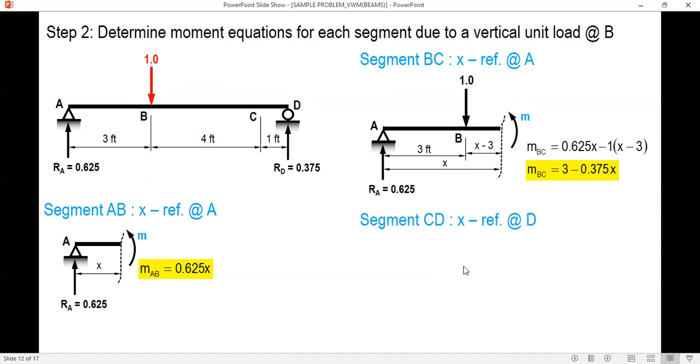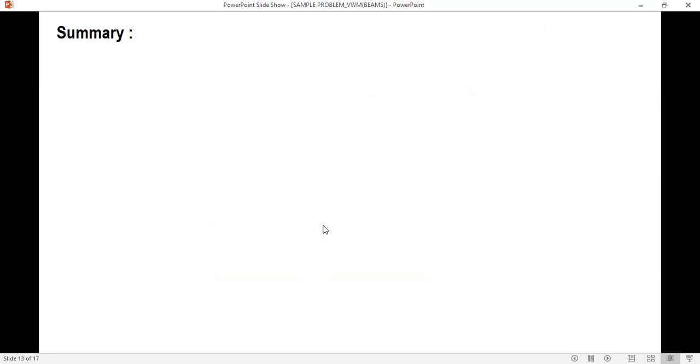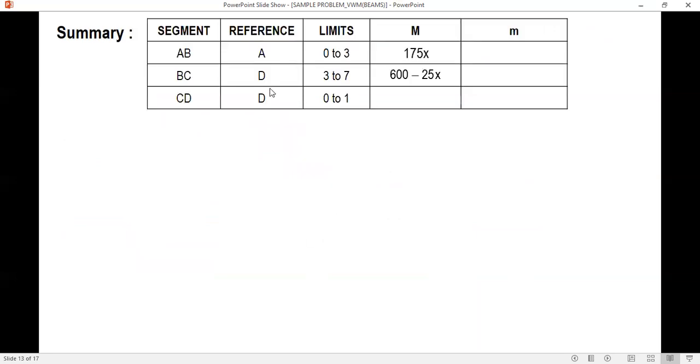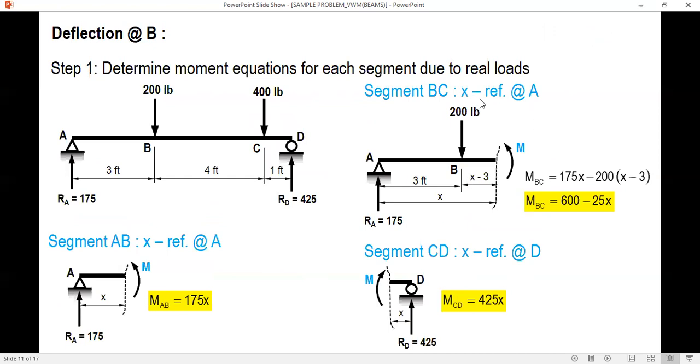And then for CD, same lang. So in the table, again, another one, not edited. This is A. The reference is A for segment BC. Now, you will notice the limits are from 3 to 7. So that you will not get confused.